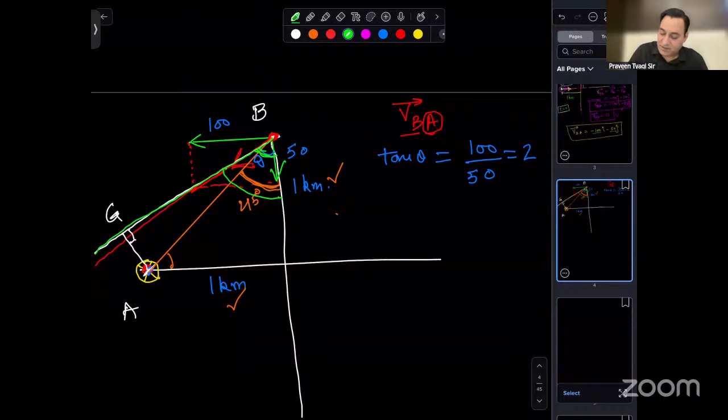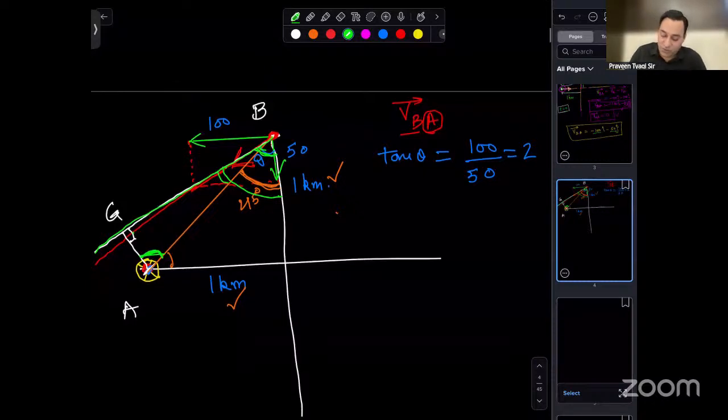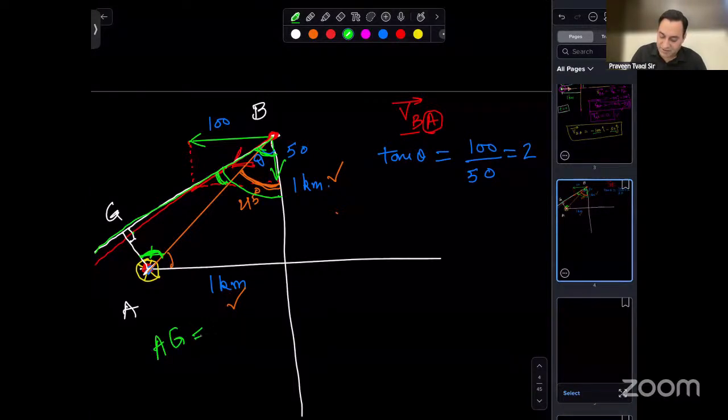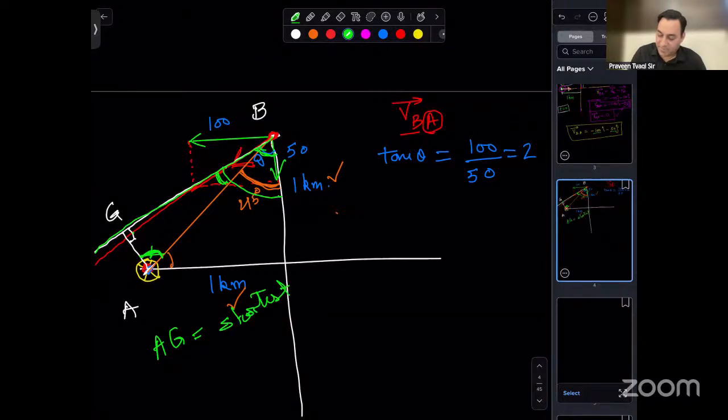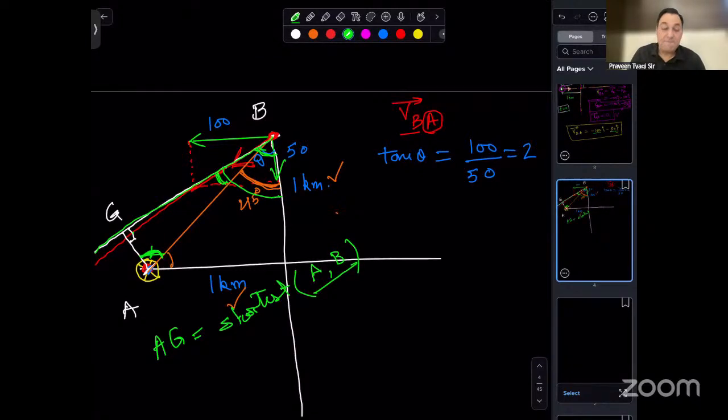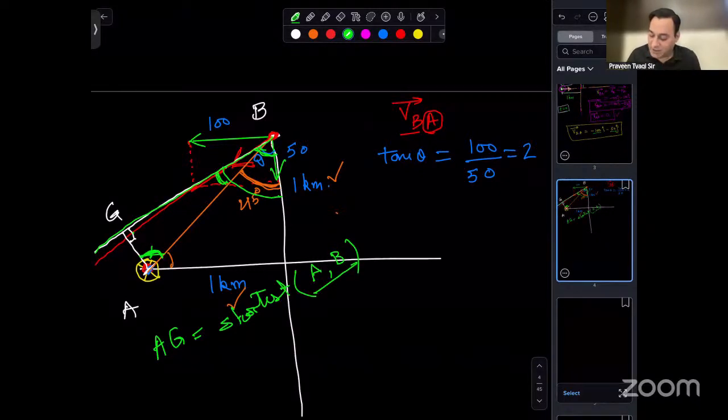Now, if this is theta, this is 45, this is theta minus 45. If this is 90, so this will be how much? This angle. You can calculate that. And if you know these angles, you can find this side, AG. And that AG will be the shortest distance between A and B in their journey. I've just written in this short form, journey.